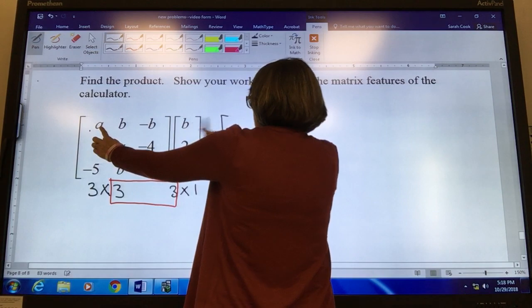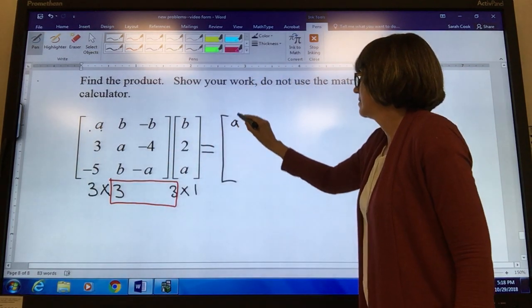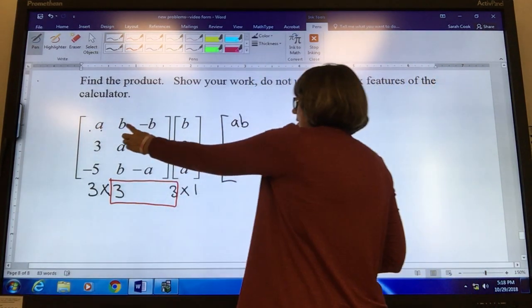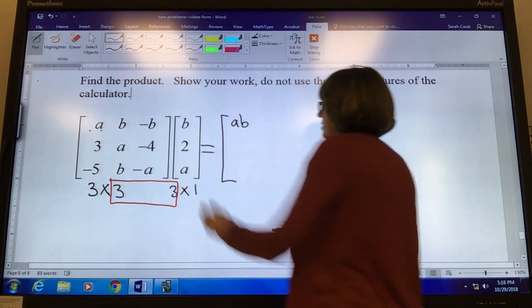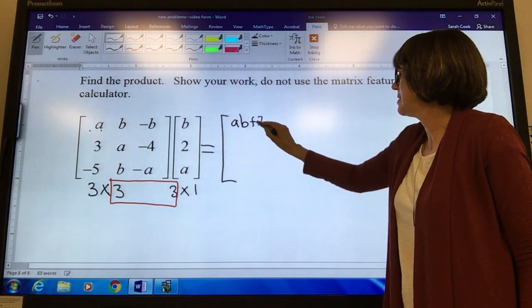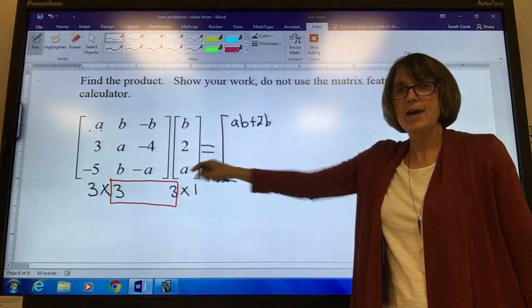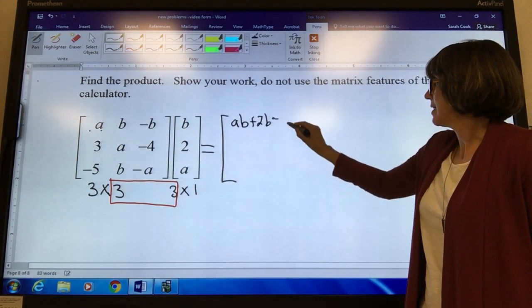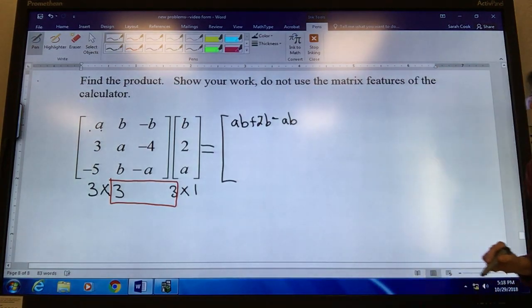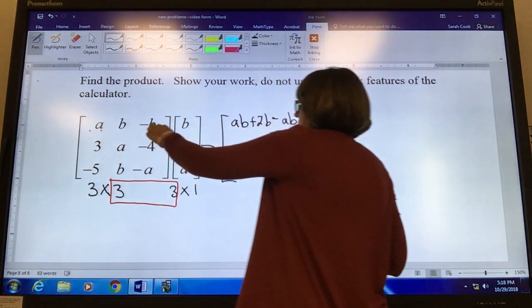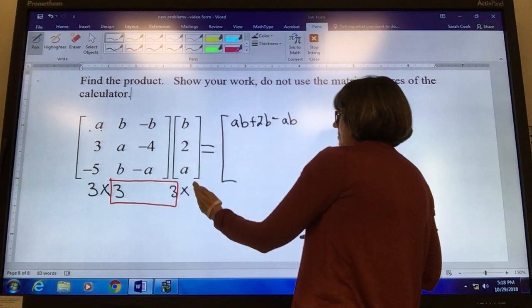We get A times B, so that's just AB. B times 2 would be plus 2B. And then negative B times A is negative AB. Right, so that was the first row times the first column.